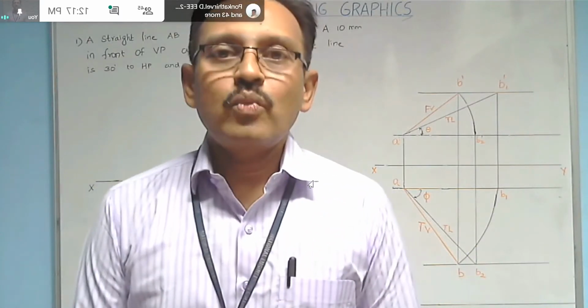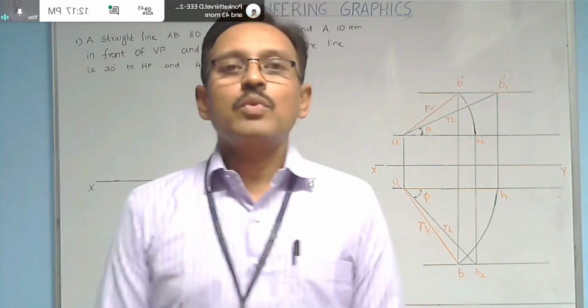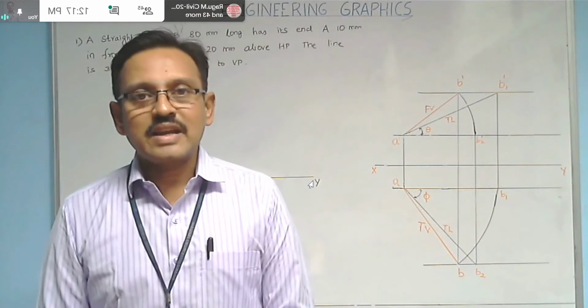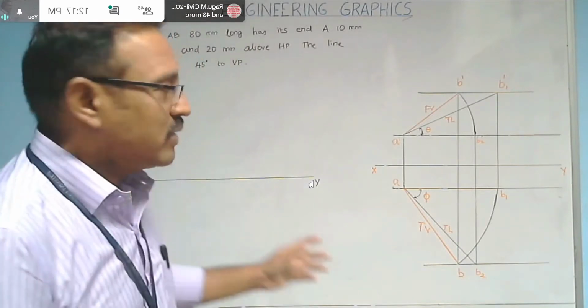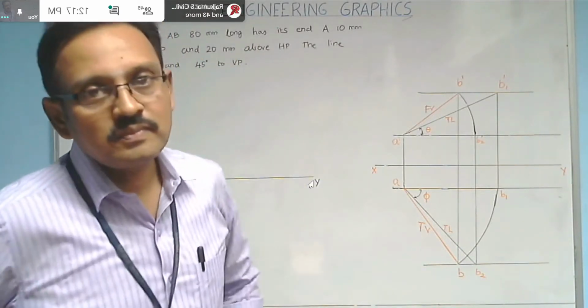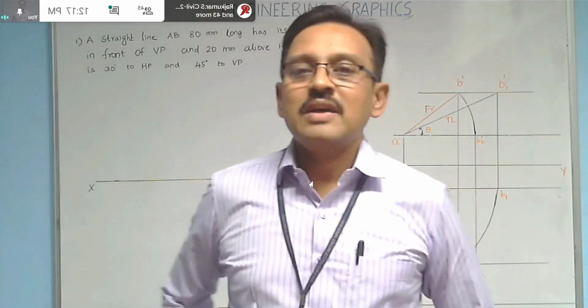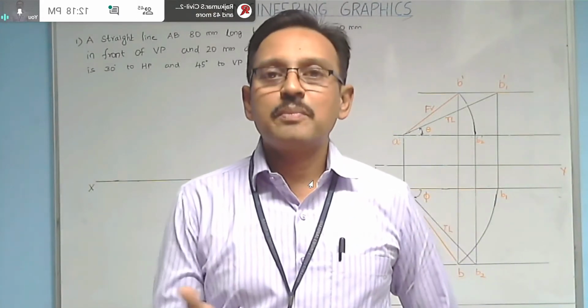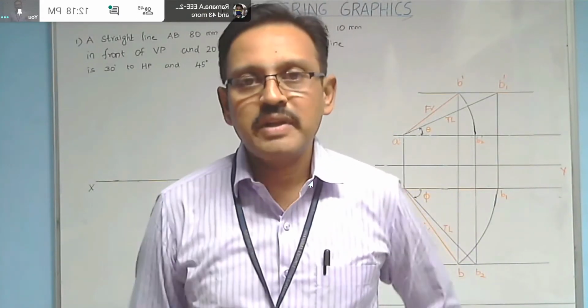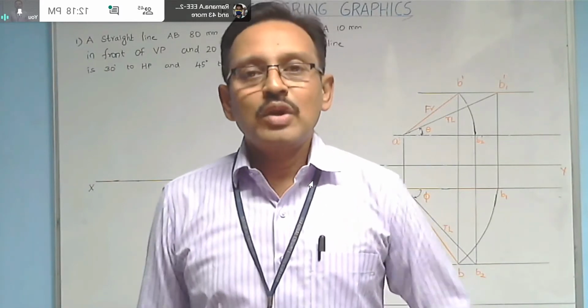So in that way we can solve one or two problems in today's class. For that I have given a problem here. This is the first problem in your problems for practice, which has been given in the Moodle classroom.